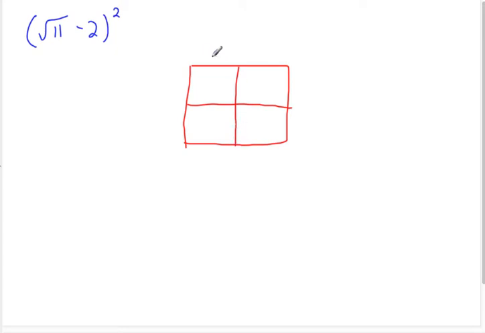So if we make a box and we have root 11 minus 2 squared, that means again we have root 11 minus 2. So root 11 times root 11 is just 11 minus 2 root 11, and then same thing here, minus 2 root 11, and then negative 2 times negative 2 is positive 4.